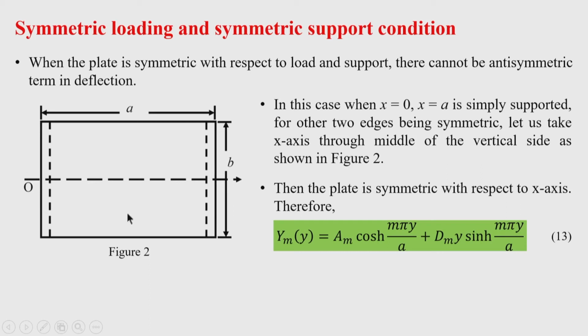Okay. So, in this case at x is equal to 0 and x is equal to a it is simply supported, for the other two edges being symmetric. Okay. Symmetric means the condition we have not specified yet. Okay. Let us take the x axis through the middle of the vertical side as shown in the figure. Okay.